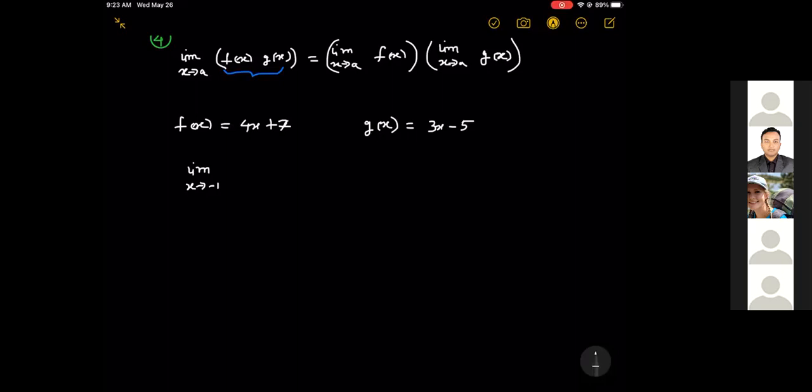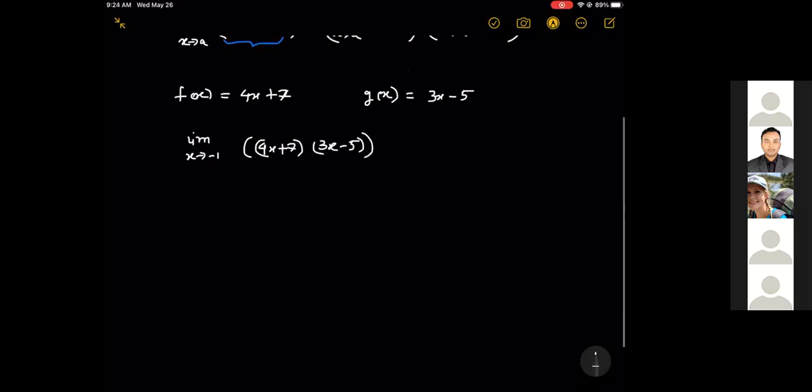So to find the limit of the product of 4x plus 7 times 3x minus 5, our first job is to find the product. So what could be the product?